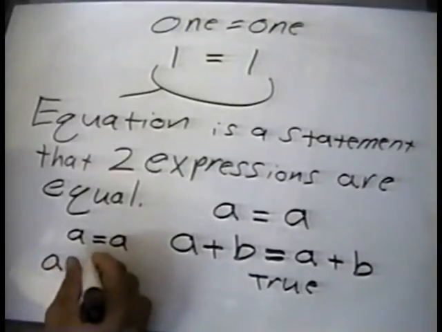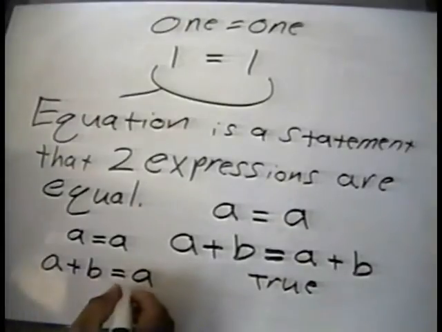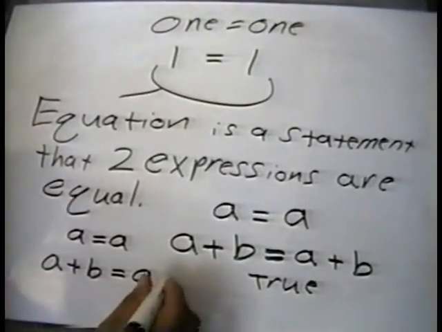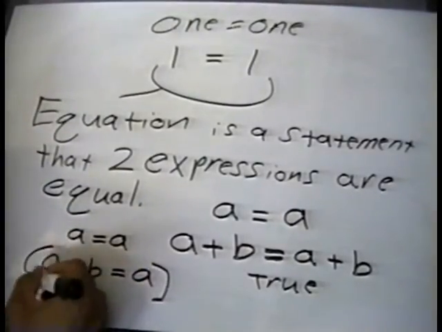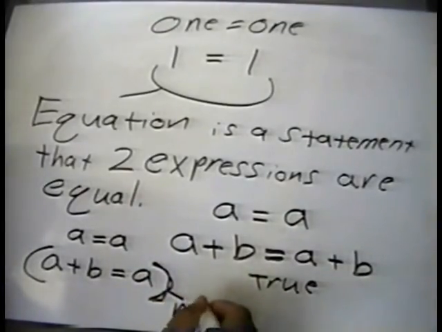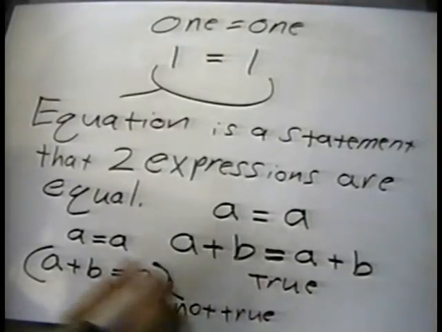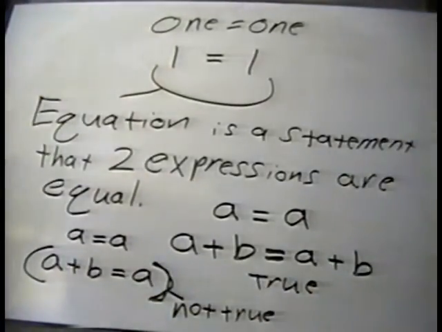Okay, and this is true. See, if I say A equals A, and I only add B to one side of the equation, then this equation here is not true.